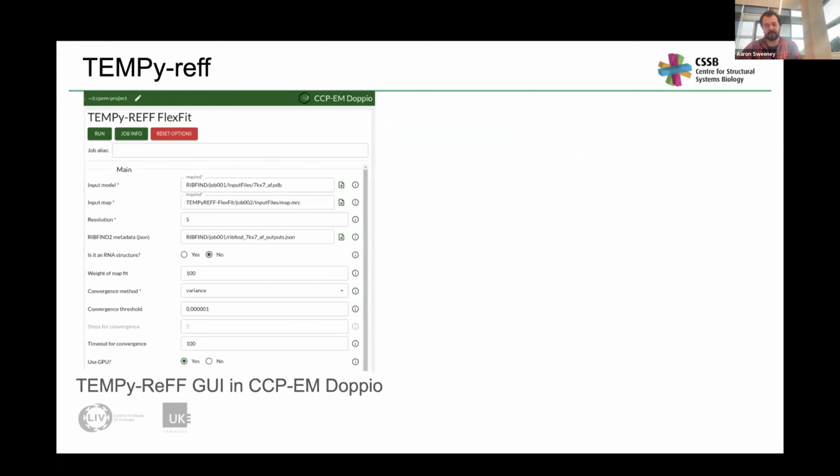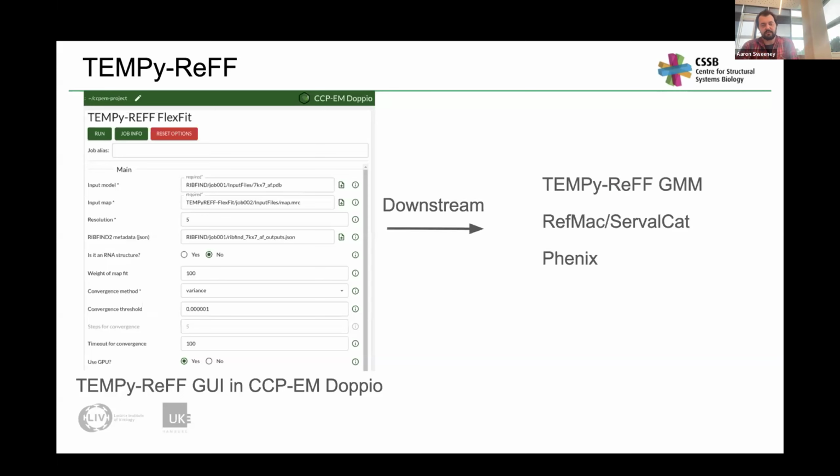The really nice thing about this integration into CCP-EM Doppio is that all these downstream tasks which are available become very easy and accessible. So you can use this GMM refinement, or you could use Refmac or Servalcat to further refine your flexible fitting, or you could even use something outside of Doppio, such as Phenix.